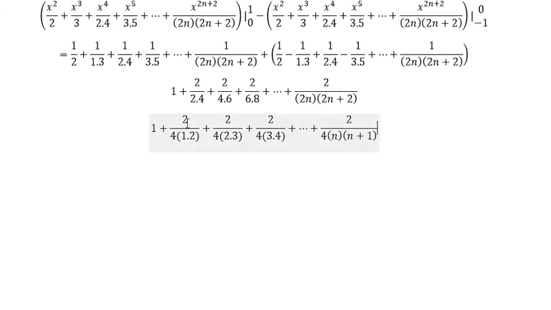Now we have 2 over 4, we put outside to do factorization, and that should be 1 over 2, because 2 divided by 4 gives 1 over 2.